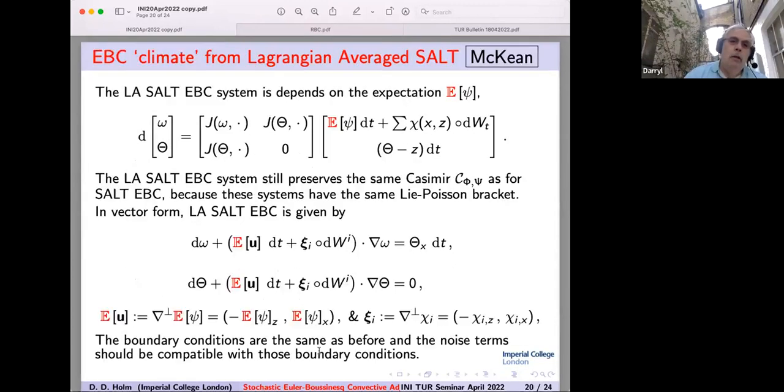Okay, so now let's finally talk about the EBC climate in the sense of the equations for the expectation.